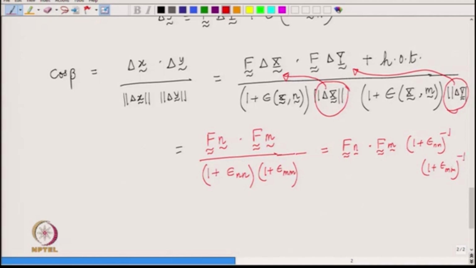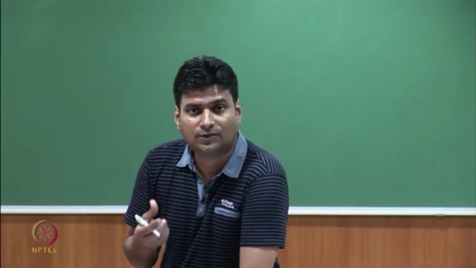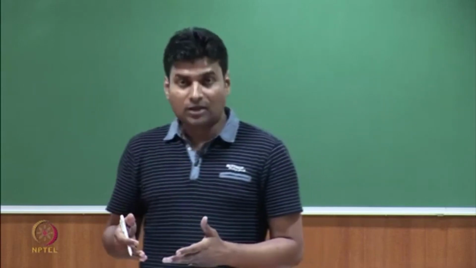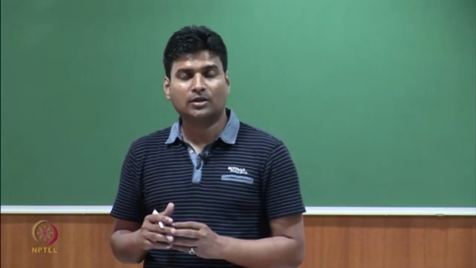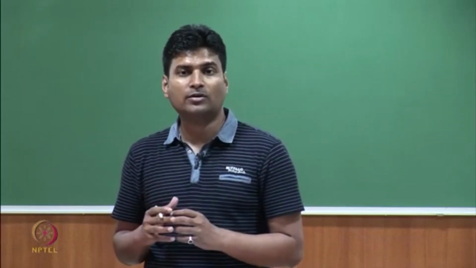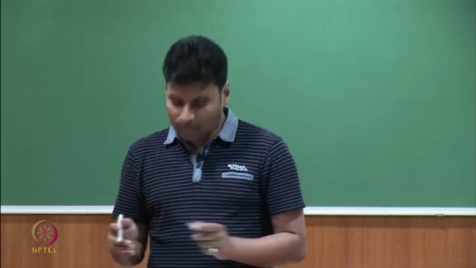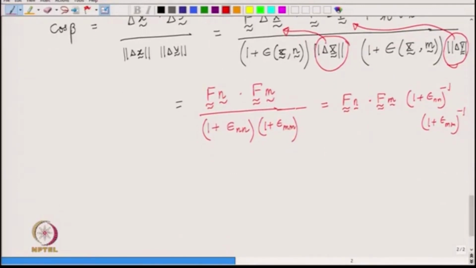And epsilon n n, which is the longitudinal strain, it is very small compared to 1, right, because it depends on the displacement gradient, which for this course is much smaller than 1. So, we can again apply binomial theorem here, right, and we can write that 1 plus epsilon n n inverse is simply 1 minus epsilon n n, correct.